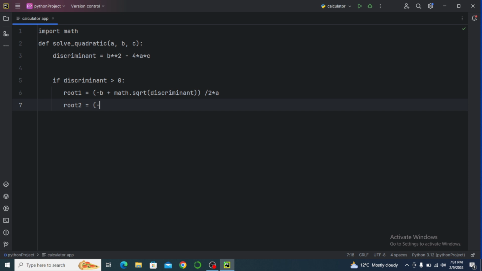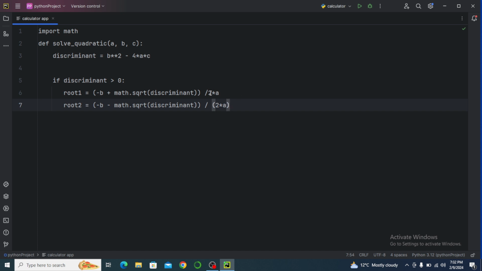So minus b minus math dot sqrt, into brackets the discriminant, then divided by 2 multiplied by a, close the bracket.